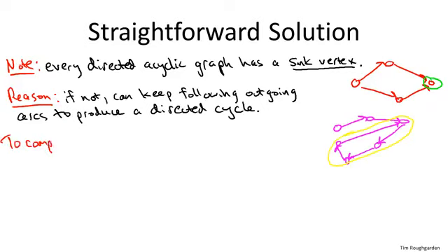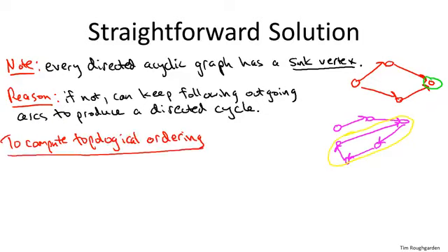Now, any vertex which has an outgoing arc, we better put somewhere other than in the final position. The node that we put in the final position, all of its outgoing arcs are going to wind up going backward in the topological ordering. There's nowhere else they can go. So in other words, if we plan to successfully compute a topological ordering, the only candidate vertices for that final position in the ordering are the sink vertices. That's all that's going to work. We put a non-sink vertex there, we're toast. It's not going to happen.